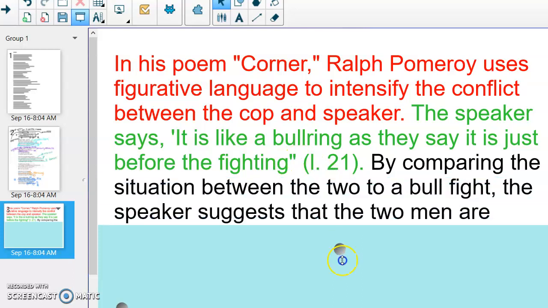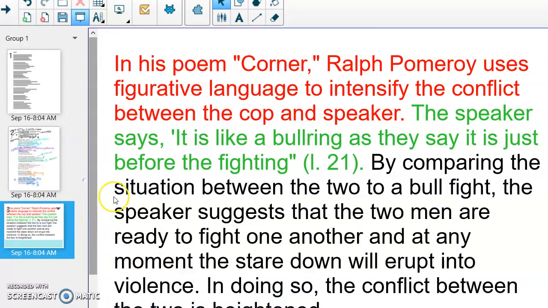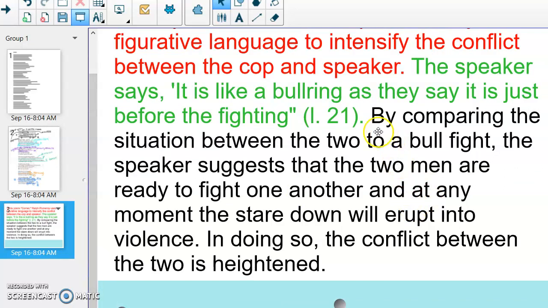Continuing on then, we need to make sure that we explain how this quotation proves the statement, intensifies the conflict between the cop and the speaker. So I say, by comparing the situation between the two to a bullfight, the speaker suggests that the two men are ready to fight one another, and at any moment the stare down will erupt into violence.